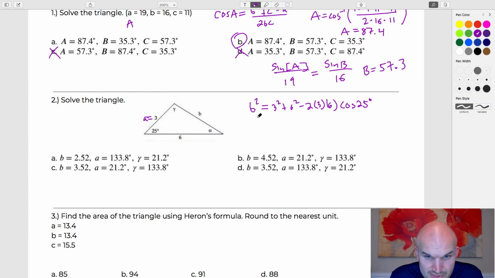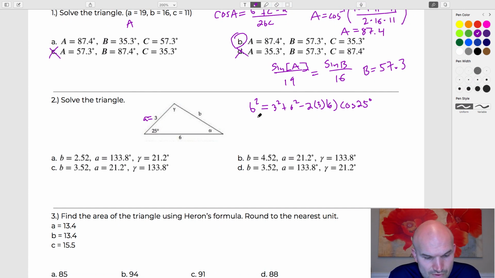So it's going to be 9 plus 36 minus, parentheses, 2 times 3 times 6 times the cosine of 25. And then I get 12.37, so that's B squared equals 12.37. So take the square root of that answer, and I get 3.51.